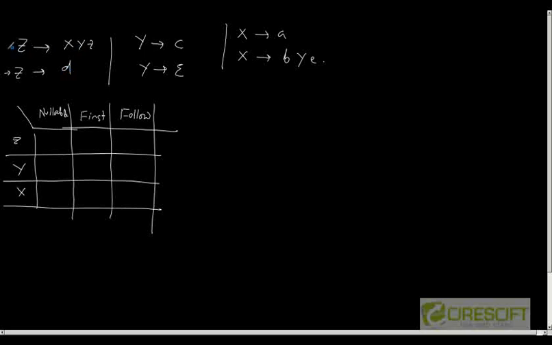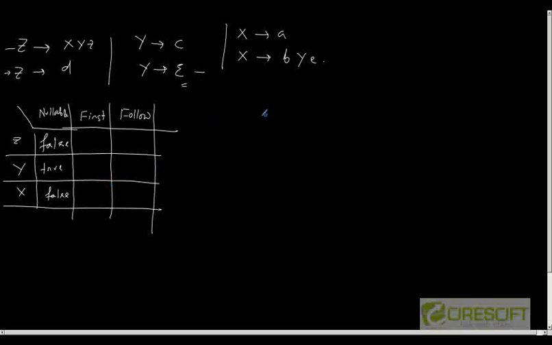In the first production, Z as XYZ, X is generating b or a, so the non-terminal Z cannot generate an empty string, and hence nullable is false. For Y it can generate an empty string by this rule, and hence it is true. For X it is false.